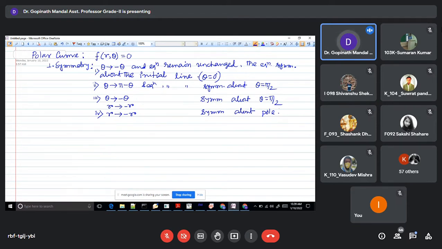So first we have to check the symmetry, then point 2 is we have to check whether the curve lies on the pole or not.